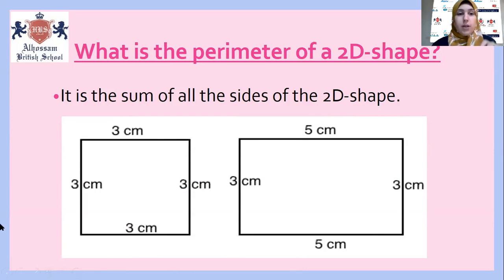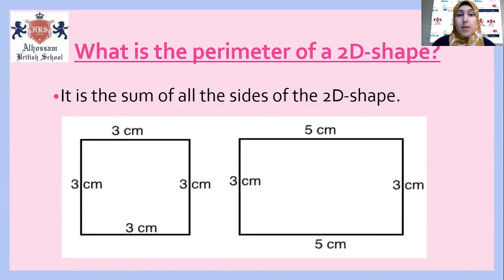Like this example, look here, this is a square having 3 centimeter length. 3, 3, 3, and 3. All of them are equal. And to get the perimeter, I can say 3 plus 3 plus 3 plus 3. What did I do? I repeated my addition.